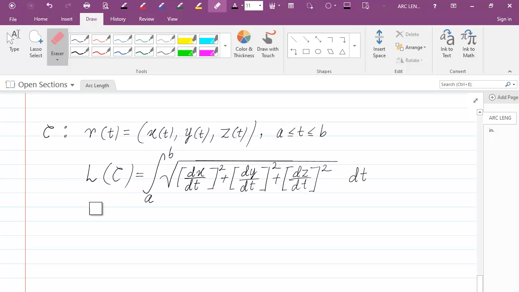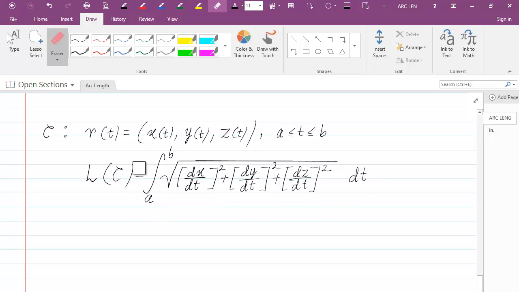In fact, we can talk about the length of a curve in dimension 4 and 5 and so on in the same way.